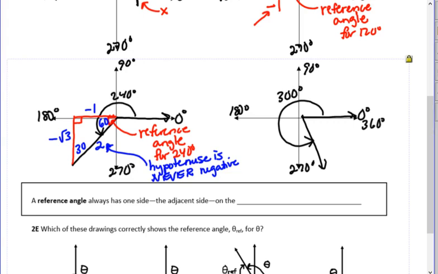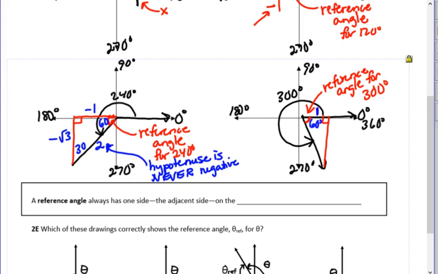Now, where can I draw a right angle? Well, I can draw a right triangle right here, and notice what this angle is. This is my reference angle again. And once again, my reference angle is 60 degrees. So for all four of these angles, 60, 120, 240, and 300, the reference angle is 60 degrees.